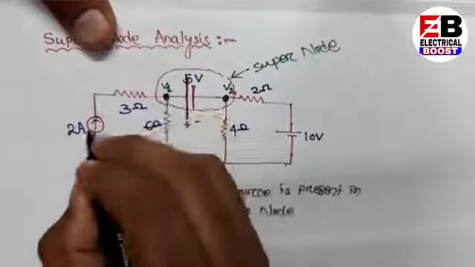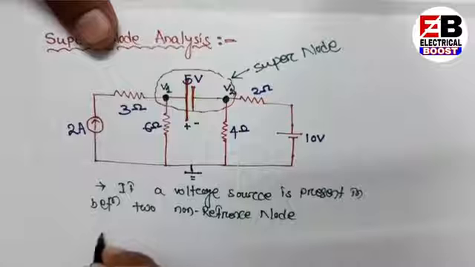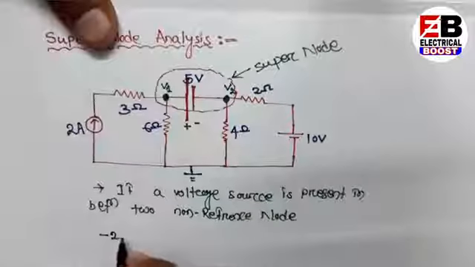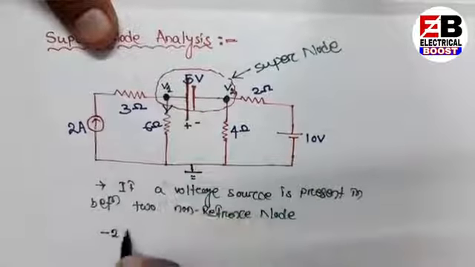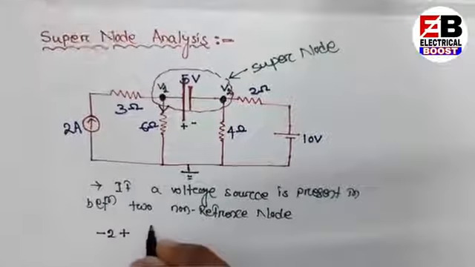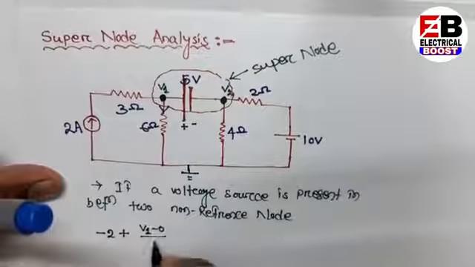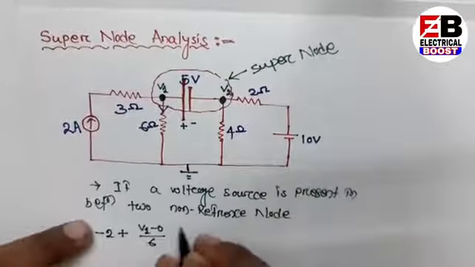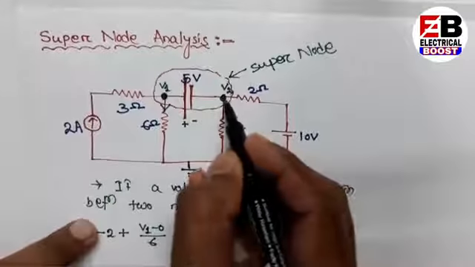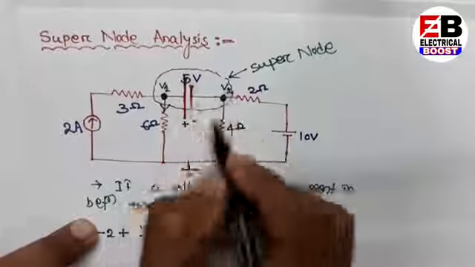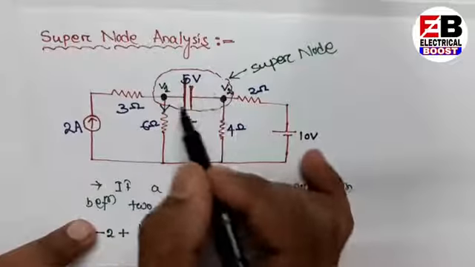Here this is V1, and this current is flowing 2 ampere, so this is minus 2. This current is plus (V1 minus 0) by 6. Then you can directly shift to node 2, because this is eliminated and considered as a single node.